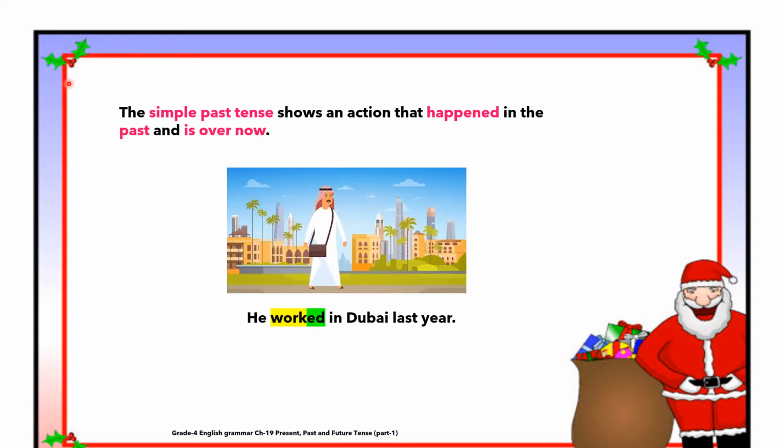Now let's see about simple past tense. Simple past tense verbs tell us what has already happened or actions that took place in the past. This could be at any time from 5 seconds ago to 1,000 years ago. For example, he worked in Dubai last year.